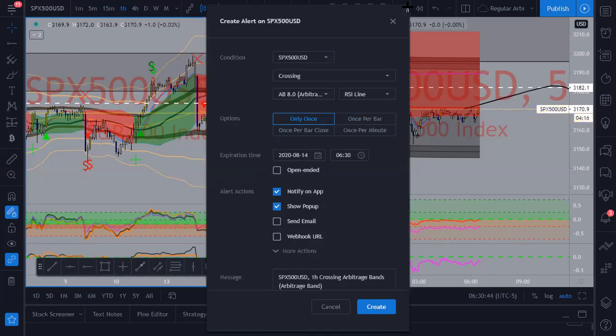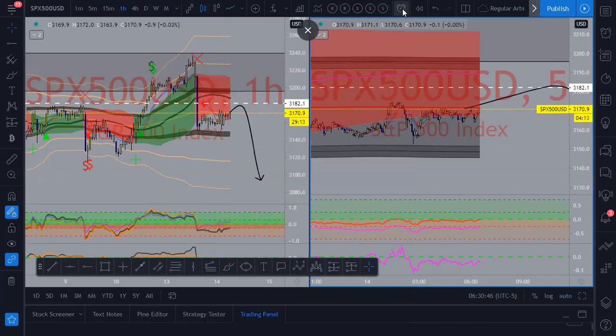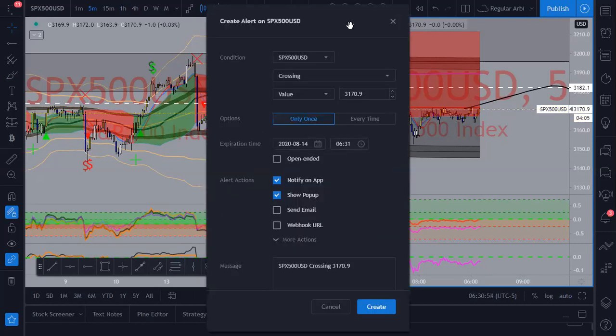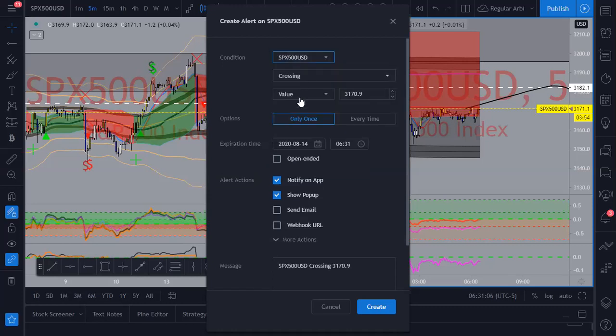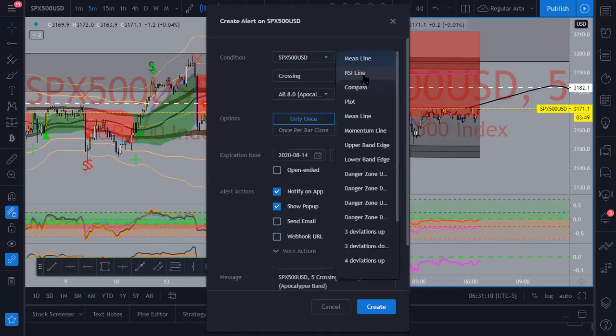And then I also set one for the 5 minute. The 5 minute one obviously will tell me probably 2 or 3 minutes ahead of the 1 hour. So apocalypse, oops, wrong setting actually. SPX 500 crossing the apocalypse RSI line.